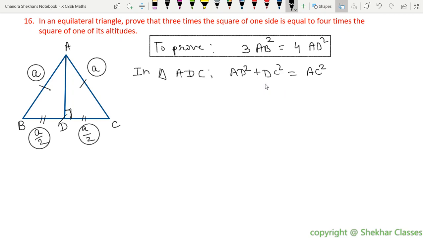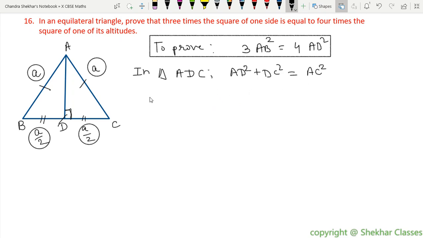Okay, what we can do is we will keep this AD and write the other one in terms of A, and then we can substitute for A in it later on.